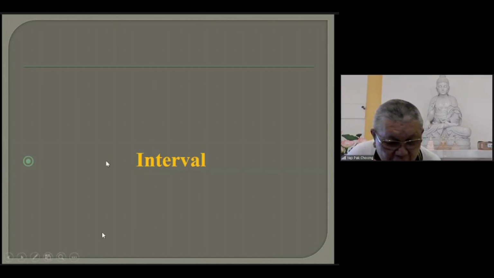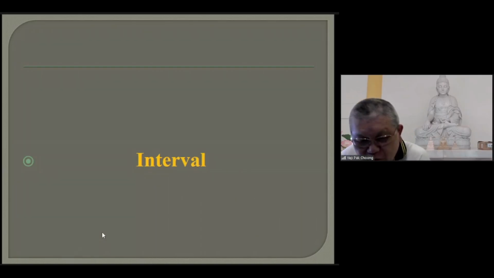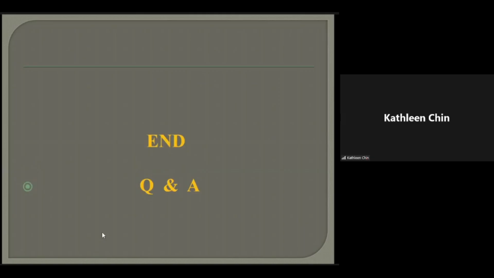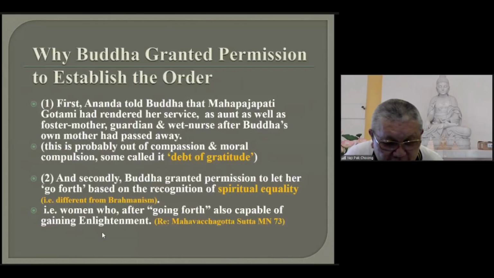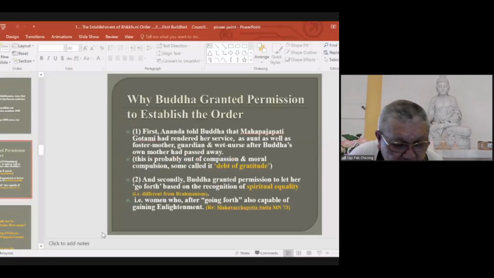I think one of the slides I forgot to explain to you. The Buddha gave one simile, you know. Just like a house, if at first there are a few men, suddenly there are too many women and only one man, it becomes dangerous. This appears in the Pali text. It's not my word.